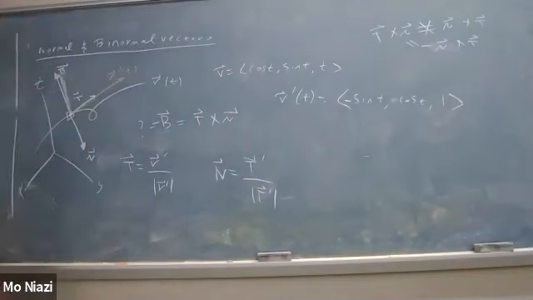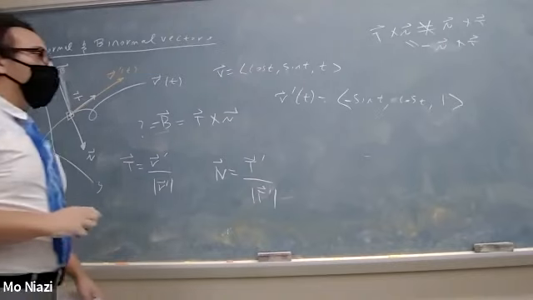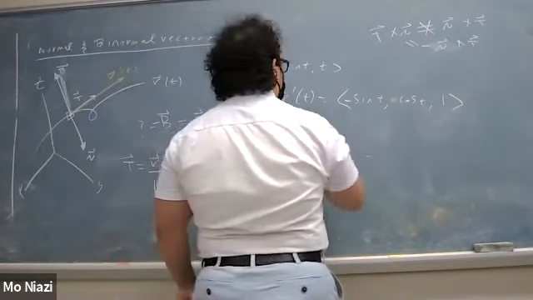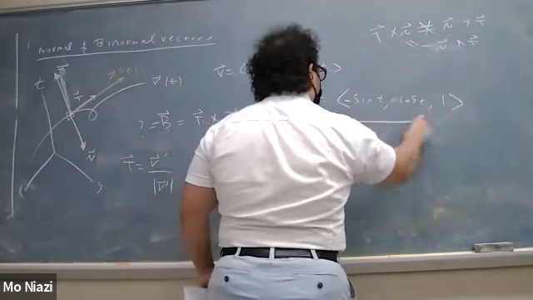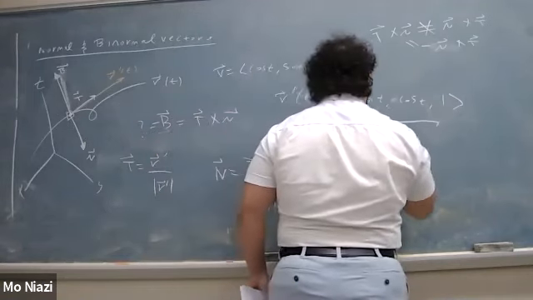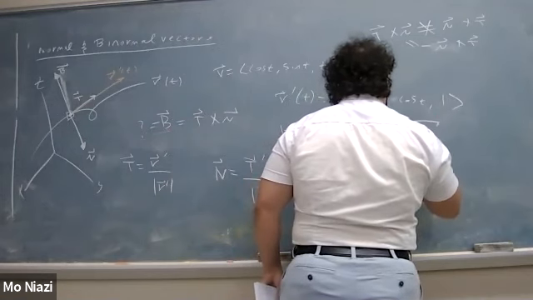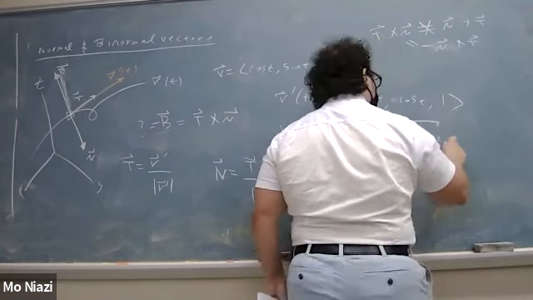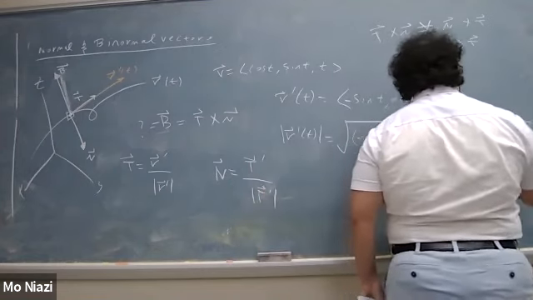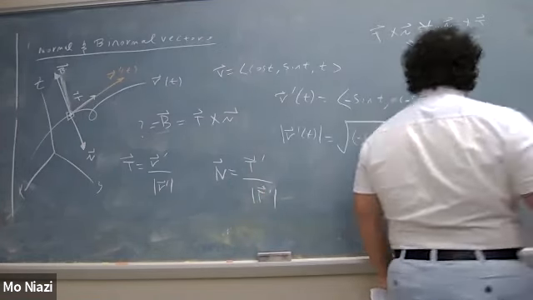Derivative of t is 1. Thank you very much. Okay. Now that we know r prime of t, the magnitude of r prime of t is equal to the square root of negative sine t squared plus cosine t squared plus 1 squared, which is equal to the square root of 2.